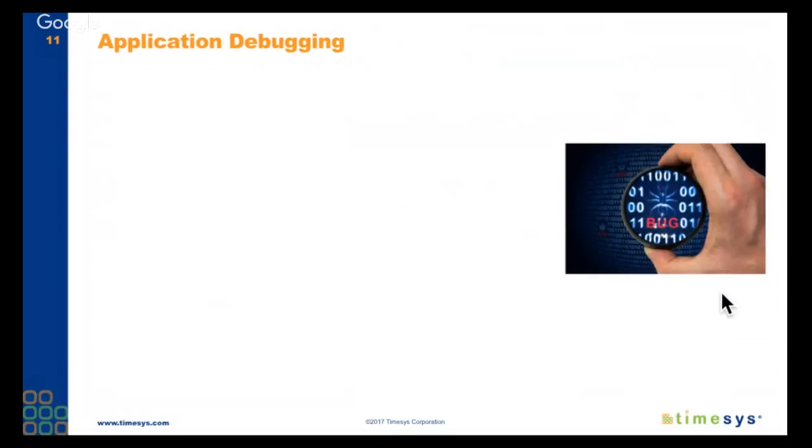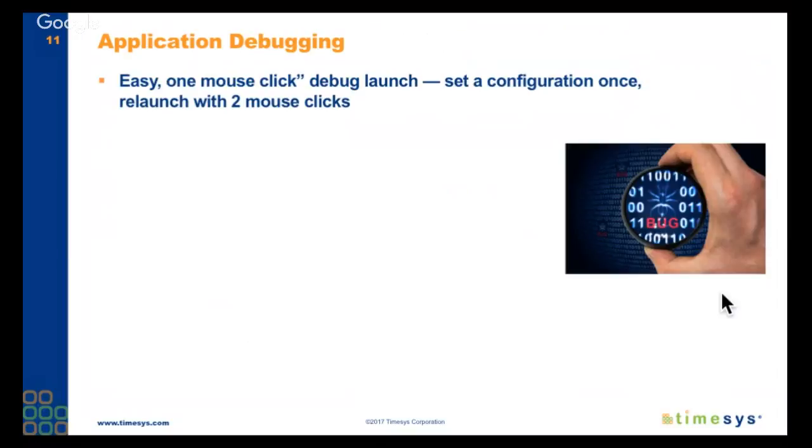Application debugging. In a cross environment, typically if you were to do this by hand, every single time you start a debug session, you would have to manually set up the launch process, meaning I have to launch the application on a target, start some sort of front end to that debugger, connect to the target, establish that connection, load the symbols, and then I can start looking at the debug information one thing at a time.